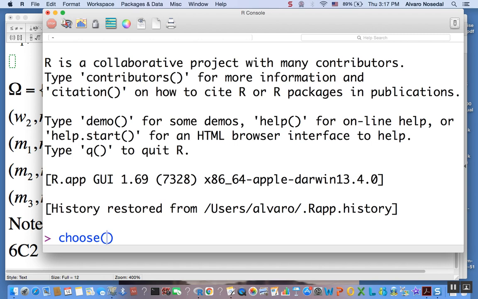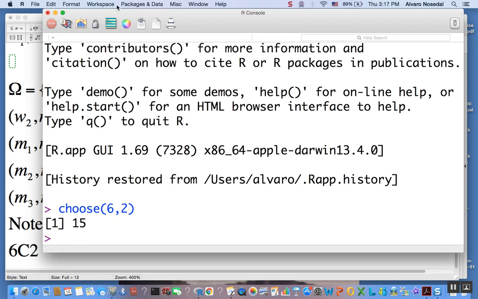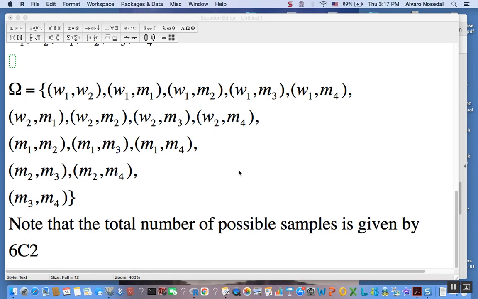So choose(6, 2) gives 15, okay, which makes sense because in this case order doesn't matter, right?